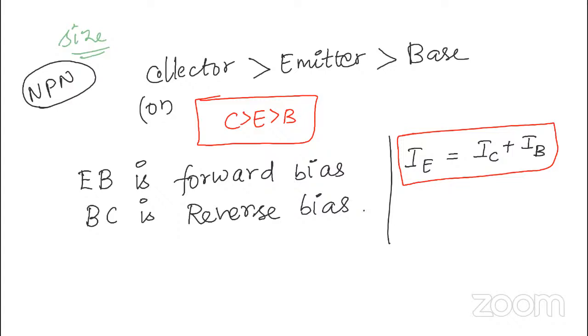Okay, size range which should be greater, size range out of 3, which one is greater? Collector का, emitter का, base का.